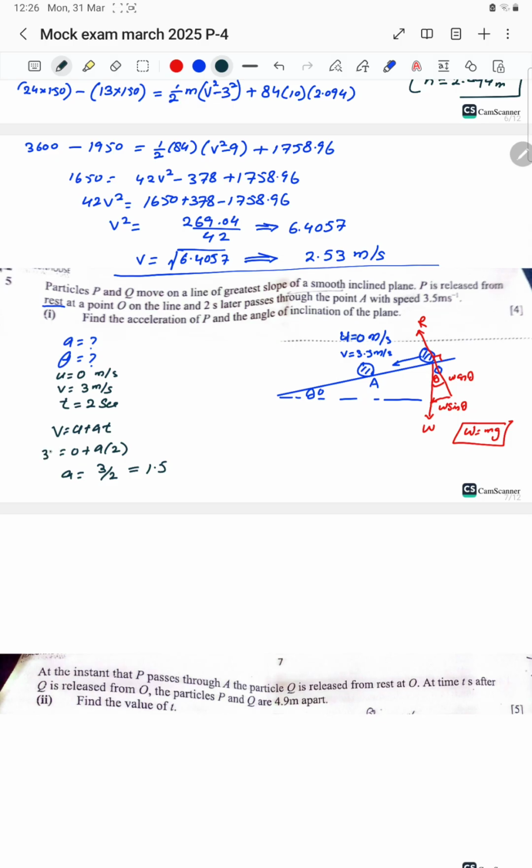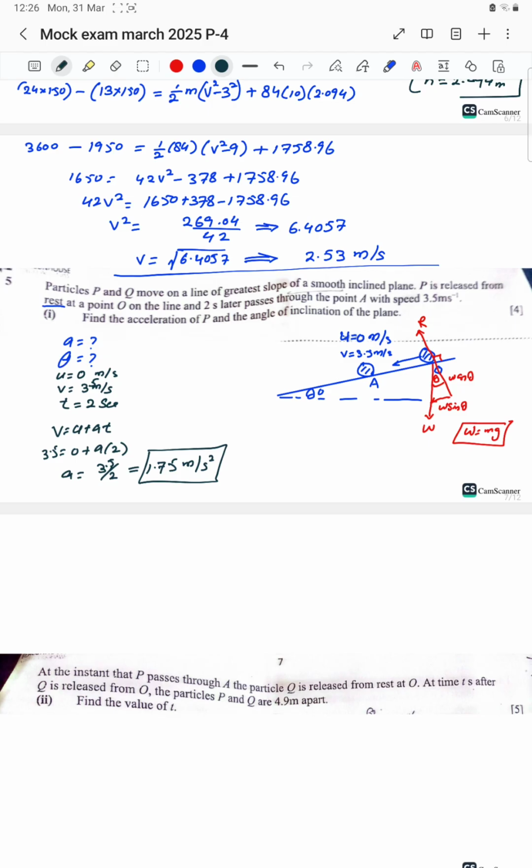So that is 1.75 meter per second square, that is the acceleration of the particle coming down at point A from O.